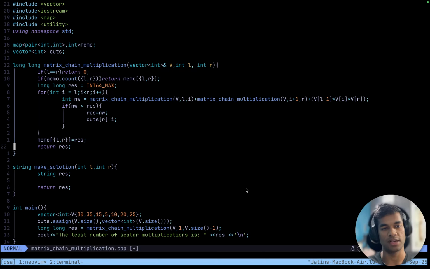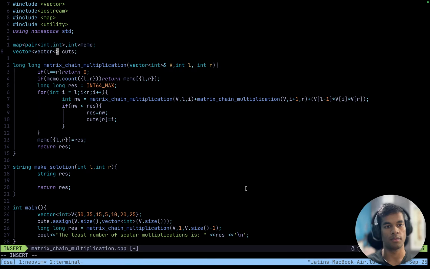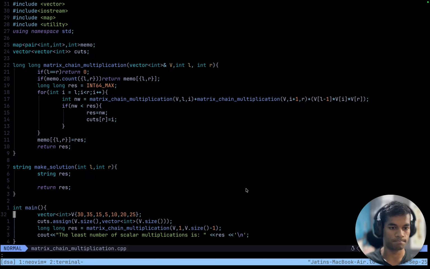We do need a two-dimensional vector here. My bad, my total bad. And this is initialized in a two-dimensional way, so that is cool.